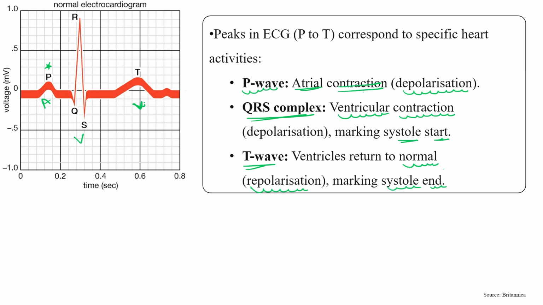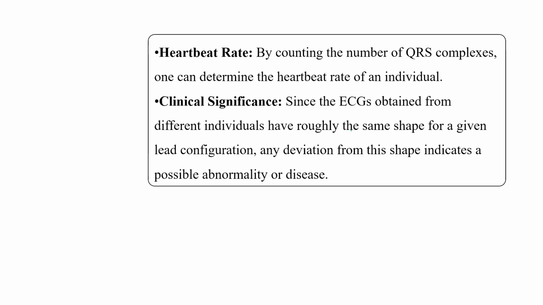So this is how we can read a normal electrocardiogram. Each letter denotes its own meaning. P means atrial contraction. QRS means ventricular contraction. T wave means ventricular return to the normal position, or repolarization.